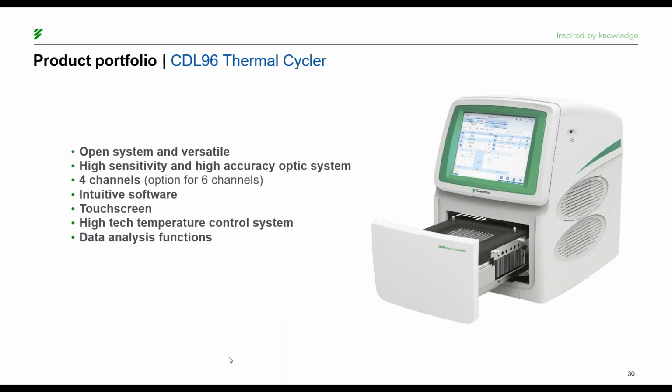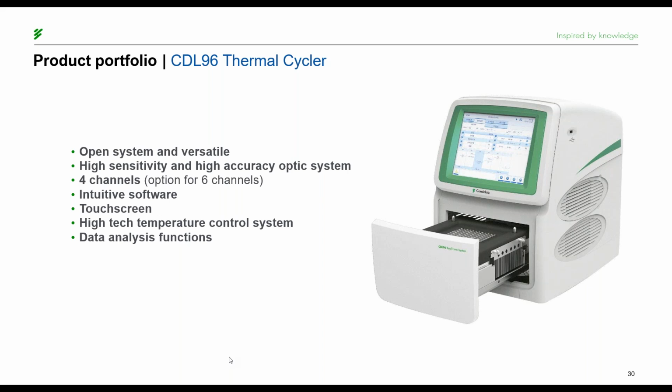On the equipment side, we have our CDL 96 thermocycler, which is a very open and very versatile system. It has 4 reading channels and can have a 6-channel option, which would allow multiplex. The software, I have used it. It is very intuitive and user-friendly.